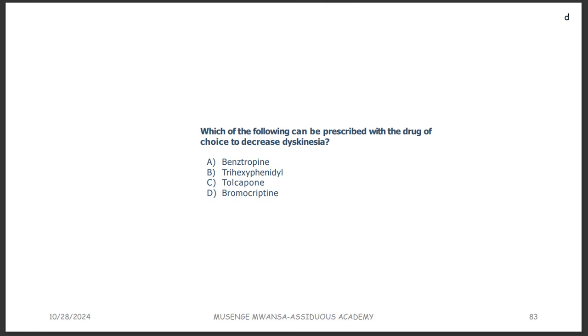So those are acetylcholine antagonists. So which one can we pick here? Now, specifically the acetylcholine guys, we have got benztropine and trihexyphenidyl.